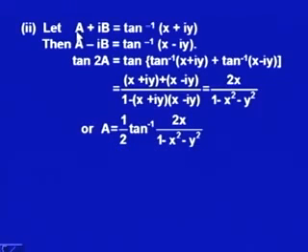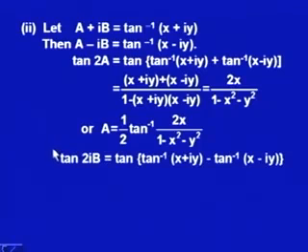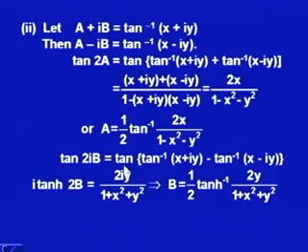So that gives me the a part, and to calculate the b part I will subtract the two. So tan of 2ib is equal to tan of (tan inverse (x + iy) - tan inverse (x - iy)). Then I apply the formula, and this gives me 2iy divided by (1 + x² + y²).